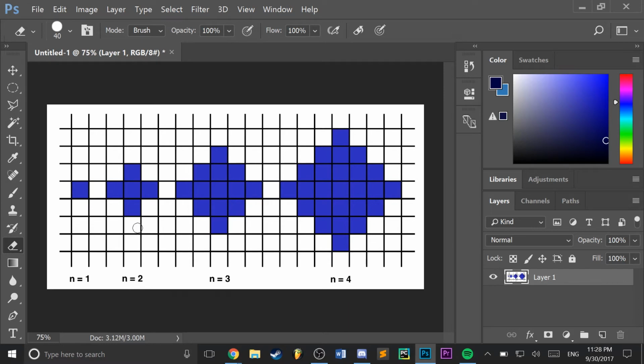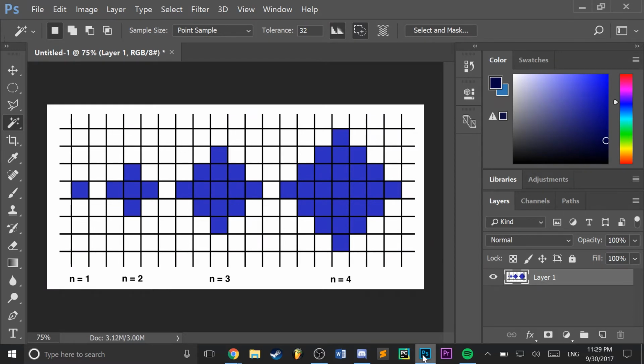Those are all the exposed sides of n equals 2. You basically append a square to each of those. You can see this pattern happens every time you go up by 1 n. So the way that I thought about this is, if you have 1, then the area is going to be equal to 1.